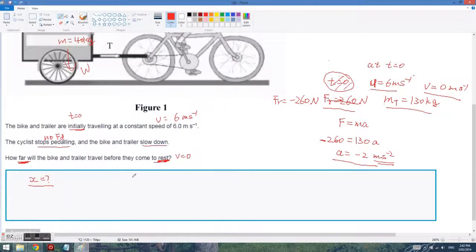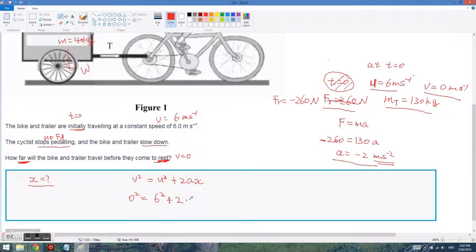v squared equals u squared plus 2ax. Then substitute your values in. v will be 0, u is going to be 6 squared.